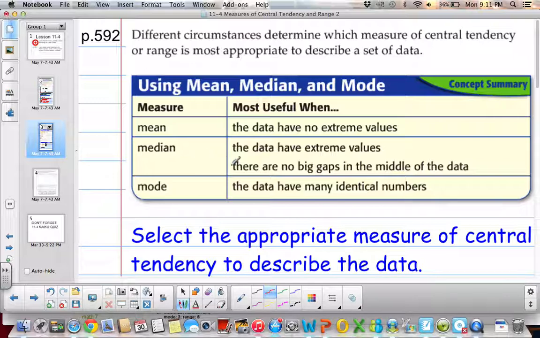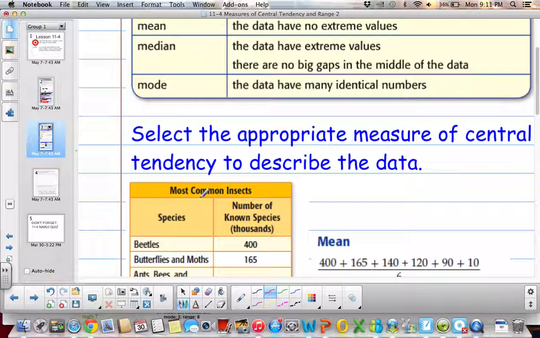The median is most useful when data has extreme values and there are no big gaps in the middle of the data. The mode is useful when the data has many identical numbers.